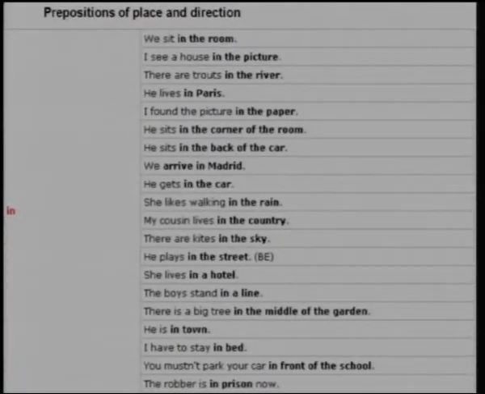So in the left hand side corner, in the right hand side corner, etc. He sits in the back of the car. We arrive in Madrid. He gets in the car. We speak about the space inside something. We stay in the room. So the room represents a place, a space, and we sit in this place. So in the room.